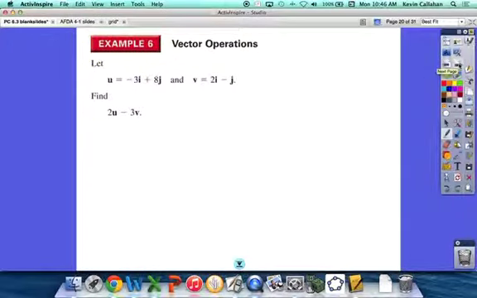So we can do vector operations. You don't have to convert these to component form to do the same kind of thing that we already did in a previous example, right? If it says here's u and v, do the math, 2u minus 3v in this form, right? 2u minus 3v equals 2 times negative 3i plus 8j minus 3, these are parentheses, times 2i minus j.